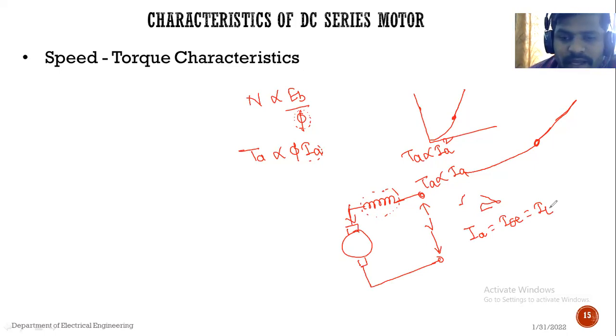At a minimum value of current, that means at a no load condition, what will the motor current be? Tell me. No load condition, current of the motor, whether it is minimum or maximum.